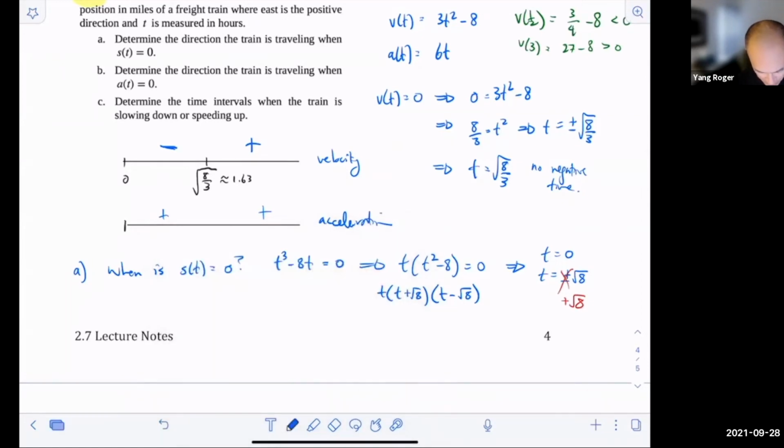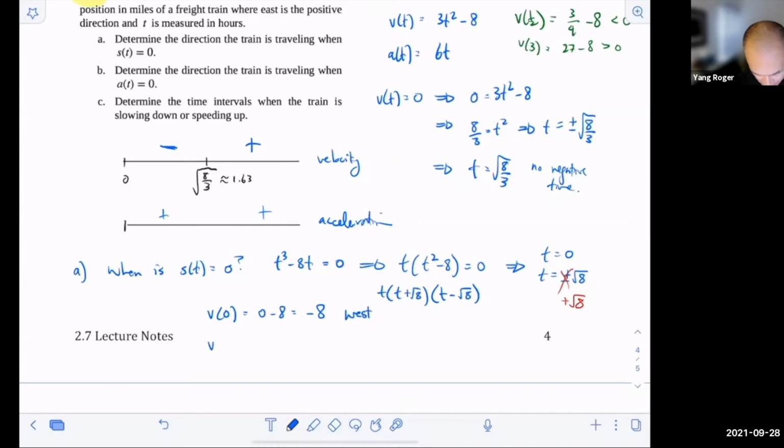Then we just plug into our velocity function. So v of 0 is equal to 0 minus 8. That's equal to negative 8. So it's going west because positive is east.